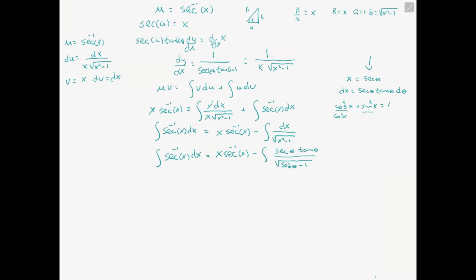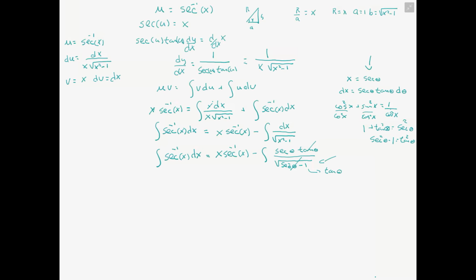we know from trigonometric identities that cosine squared x plus sine squared x equals 1, and if we divide by cosine squared x all across, we end up with 1 plus tan squared x equals secant squared theta, and secant squared theta minus 1 is tangent squared theta.